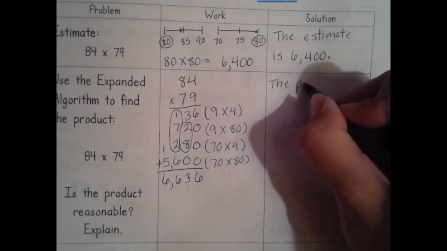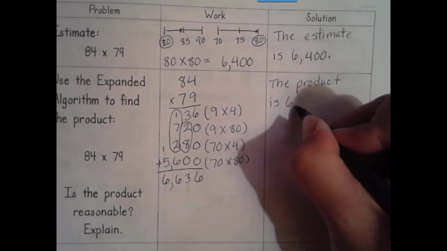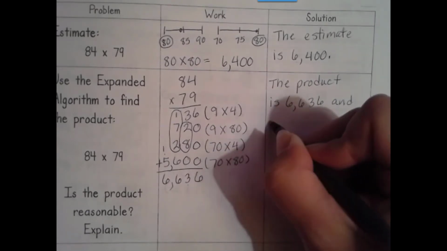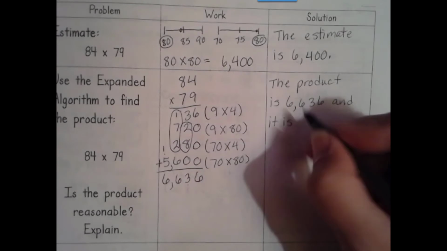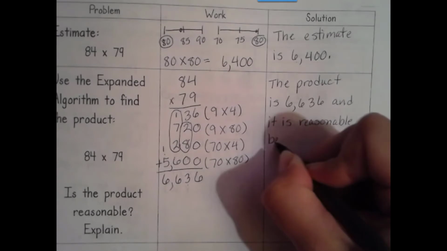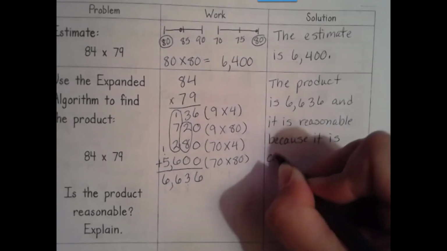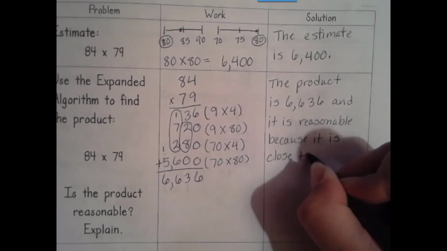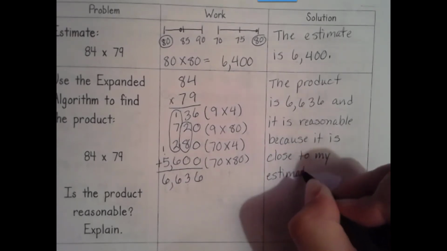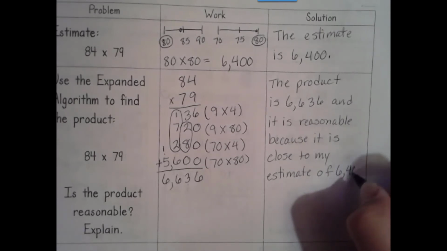The product is 6,636, and it is reasonable because it is close to my estimate of 6,400.